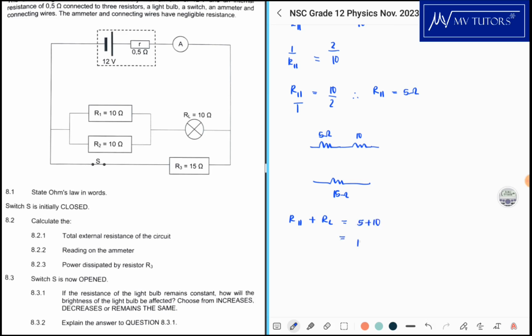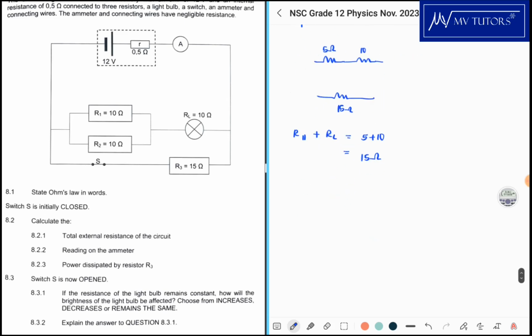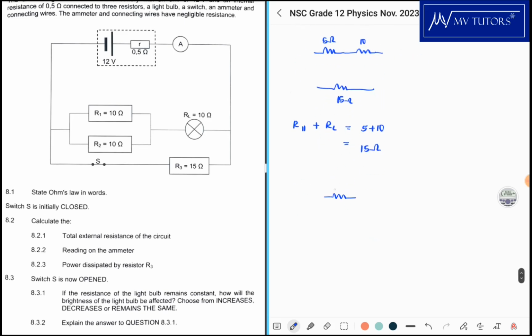That gives us 15 ohms. So now again we have 15 ohms, and we have another 15 ohms. It's just me simplifying the circuit.